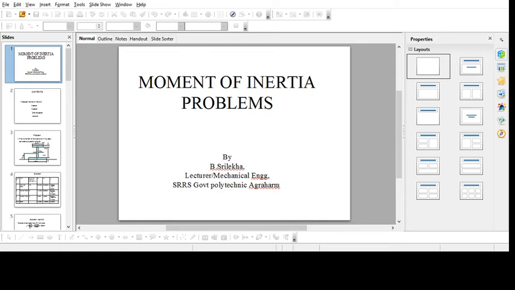Okay, so this is how you'll be calculating, and you'll get a value of 3,42,938.9 mm to the power of 4.